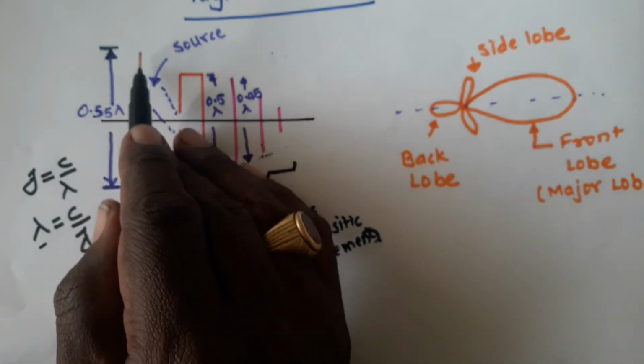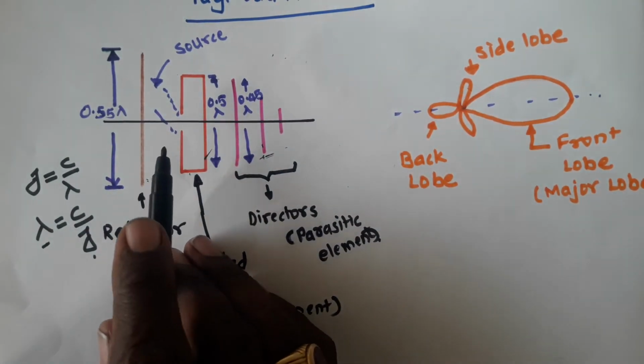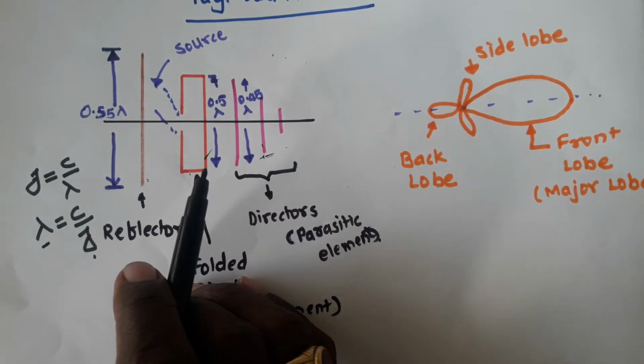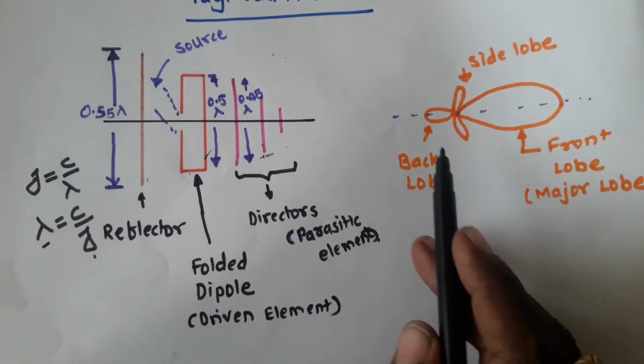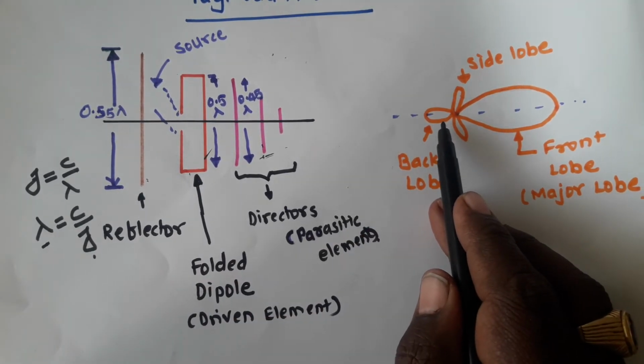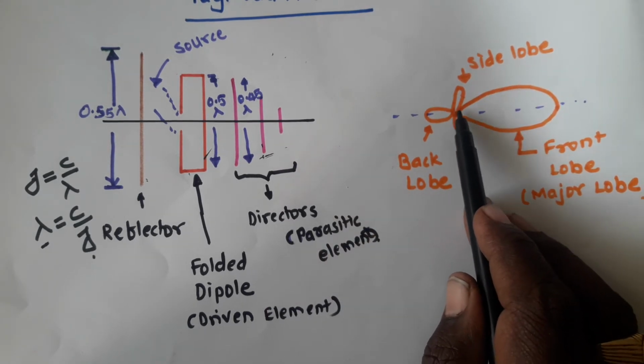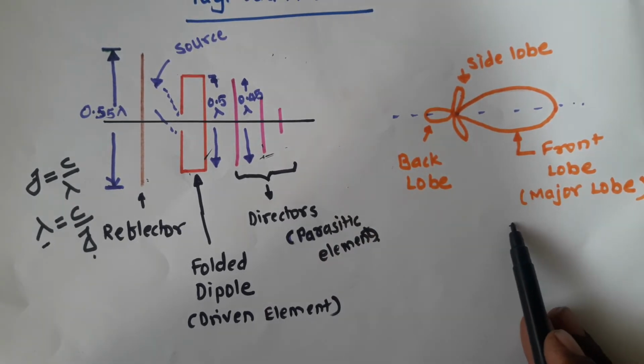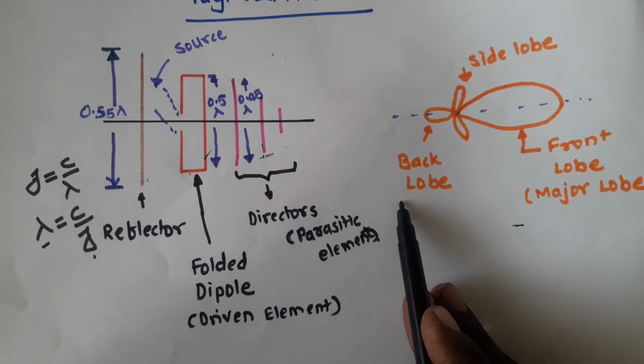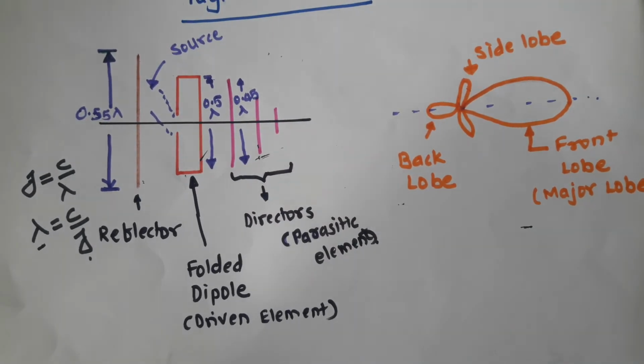But by using this reflector, we can avoid the back wave side radiations. So the back lobe gets reduced. Whatever energy we want to send is concentrated in the forward direction only, and a smaller amount of energy is concentrated in the backward direction.